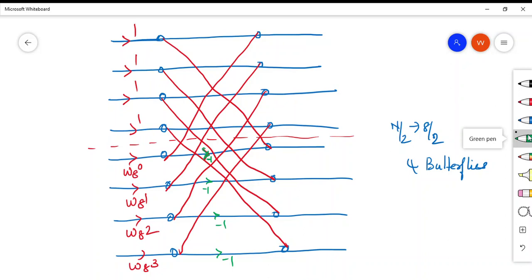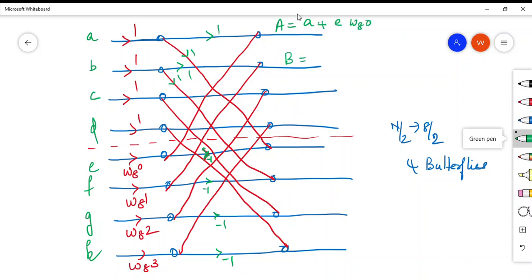Now all the rest is same. So if you have A, B, C, D, E, F, G, H. Now here A will be equal to what? All other weights are 1 only. So all are 1. So you just find out A will be A plus E W80.